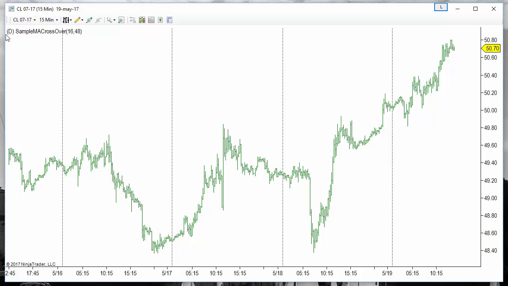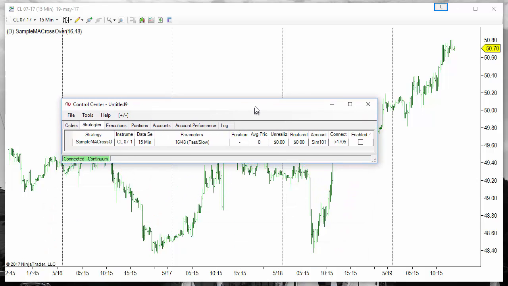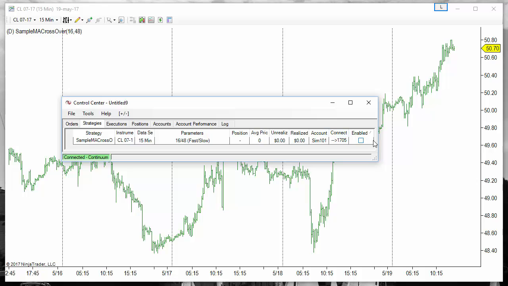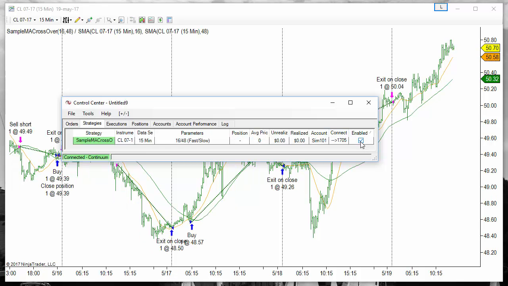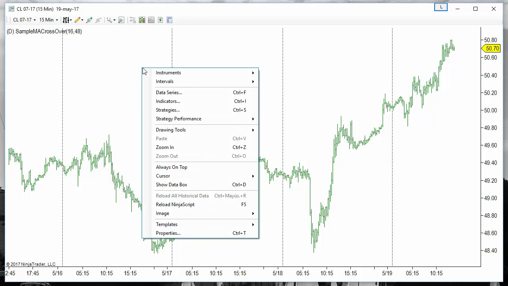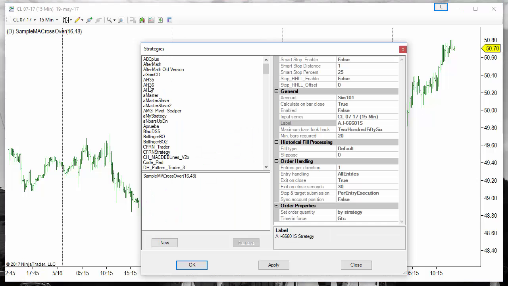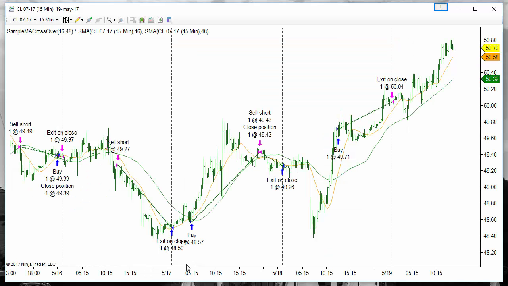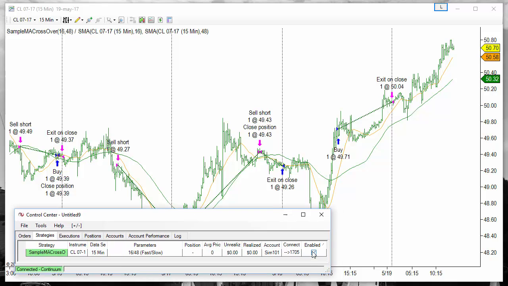The strategy is disabled, so we get this D letter at the top. We can enable the strategy from the control center strategy tab on this check mark, or also from the input parameters of the strategy. Inside the input parameters we have the enable true false, so we can enable from this way.